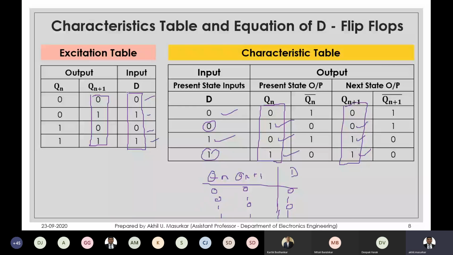The output is delayed by the amount of the clock period. So if the clock period is 1 second, that is 1 hertz. If the frequency is 1 hertz, then the period is going to be 1 second.